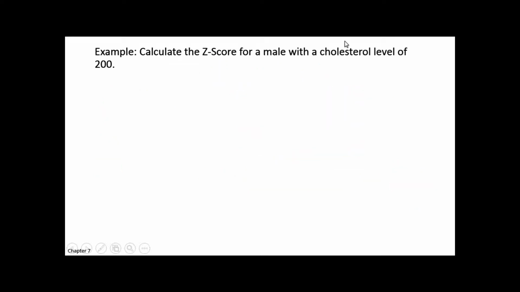What we're going to do here is look at the male first. So let's look at a male with a cholesterol level of 200. Remember, the mean of their cholesterol levels was 180. The standard deviation was 36.2, right? So then the z-score is x minus mu over sigma.